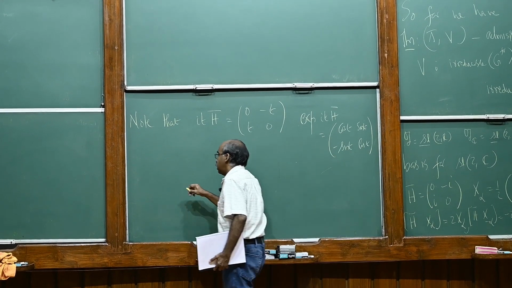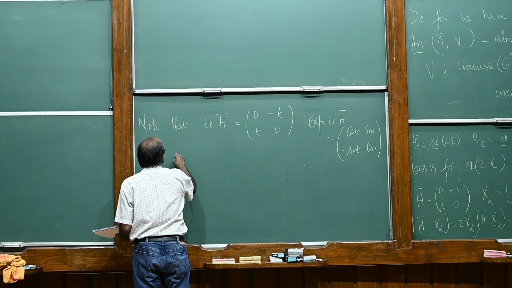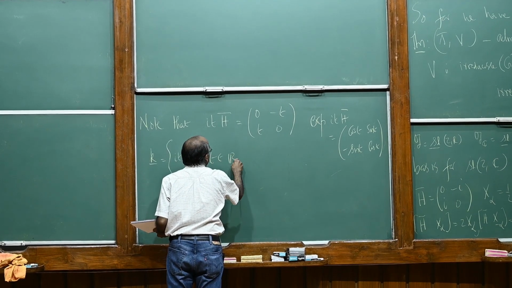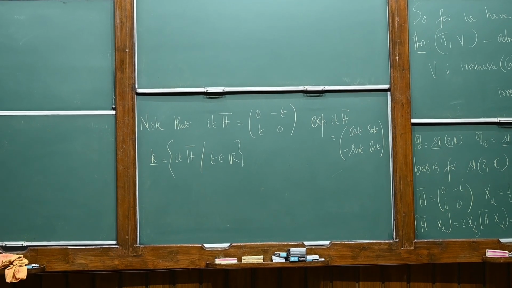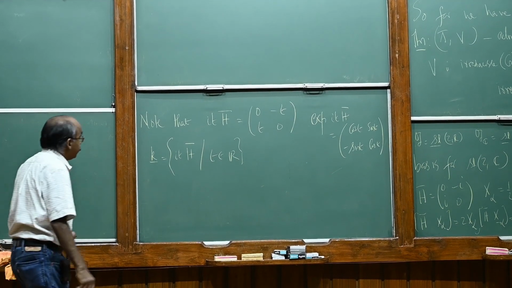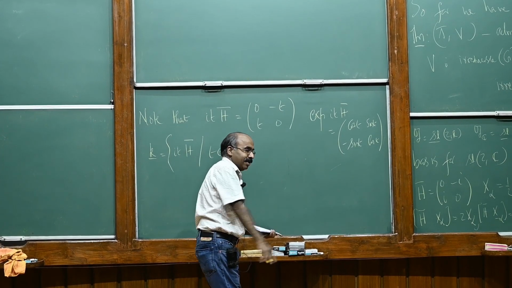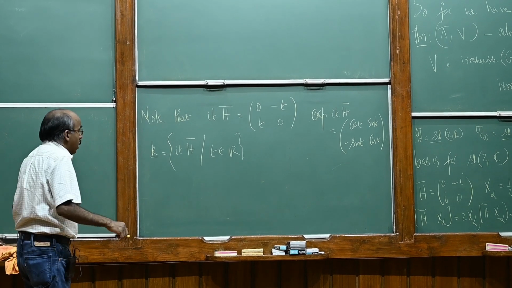In other words, the Lie algebra of K is simply spanned by i t H bar. Let's not bother too much about all the plus and minus signs.